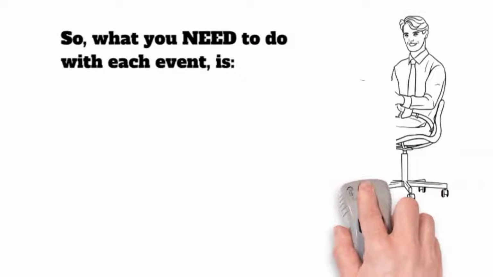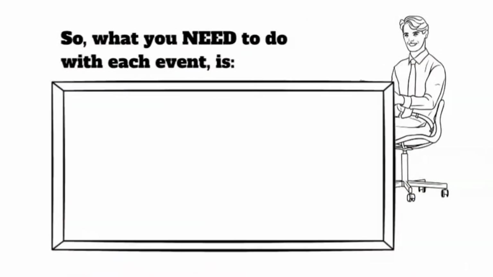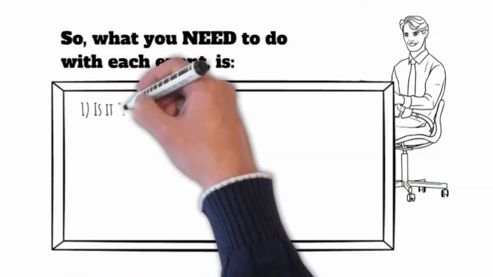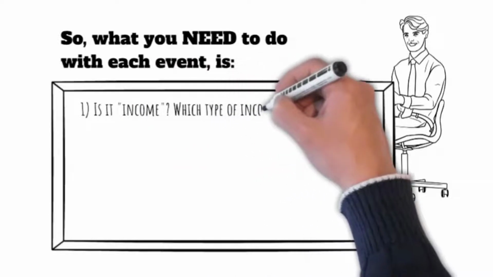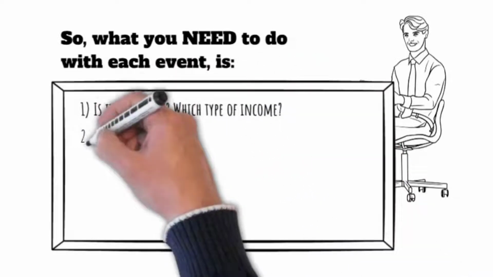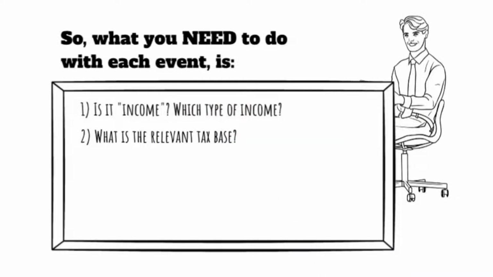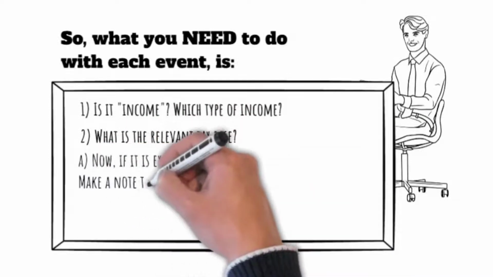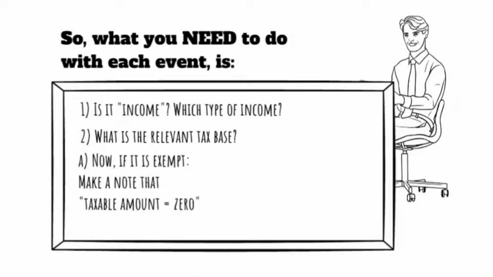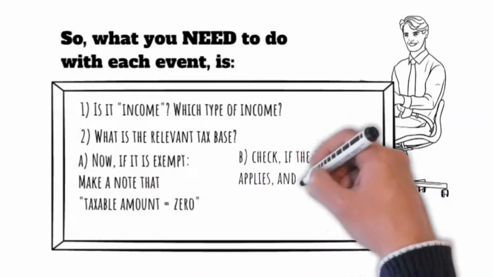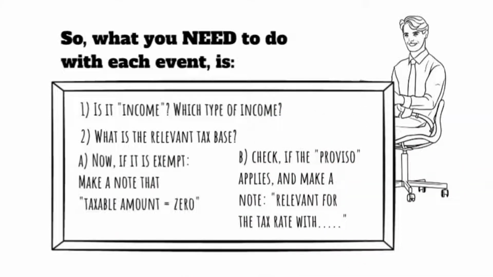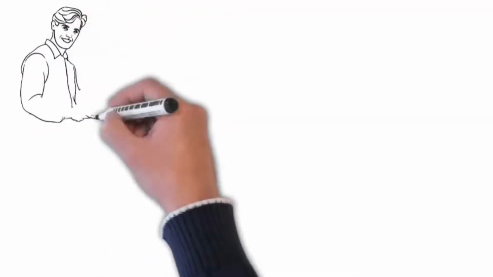So what you need to do with each event is, first, is it income? And which type of income is it? Second, what is the relevant tax base? So find out the numbers. And now, if it is exempt, make a note that the taxable amount is 0 and note the real amount for the proviso rule.